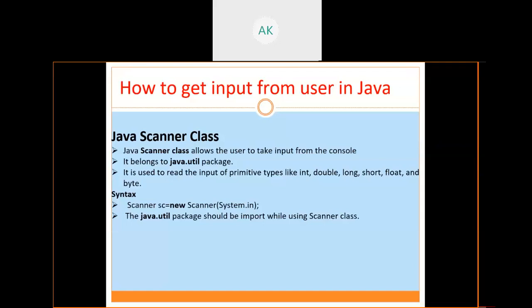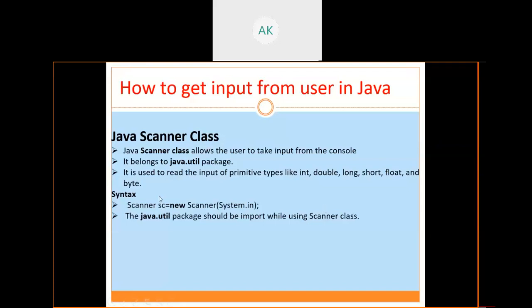And once you import this particular package, next, in order to use this class, that is the Scanner class, right? As we already defined, in order to access the content of the class, we require the object. So similarly, whenever I want to use the Scanner class in my program, I need to create the object.